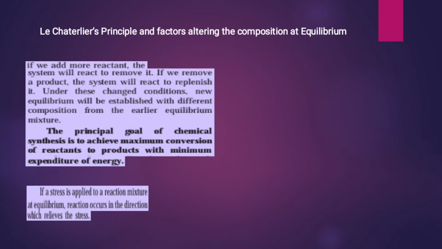This stress can be any change in concentration, pressure, volume or temperature. Here the direction that the reaction takes, whether a forward reaction or a backward reaction, is to reduce the stress.